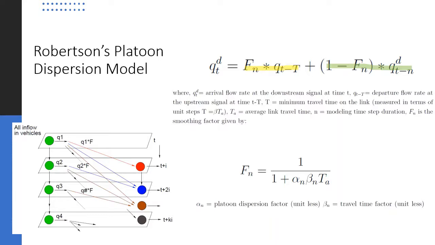These two added together will give you the flow at the downstream end at time t. Hope the concept is clear to you.